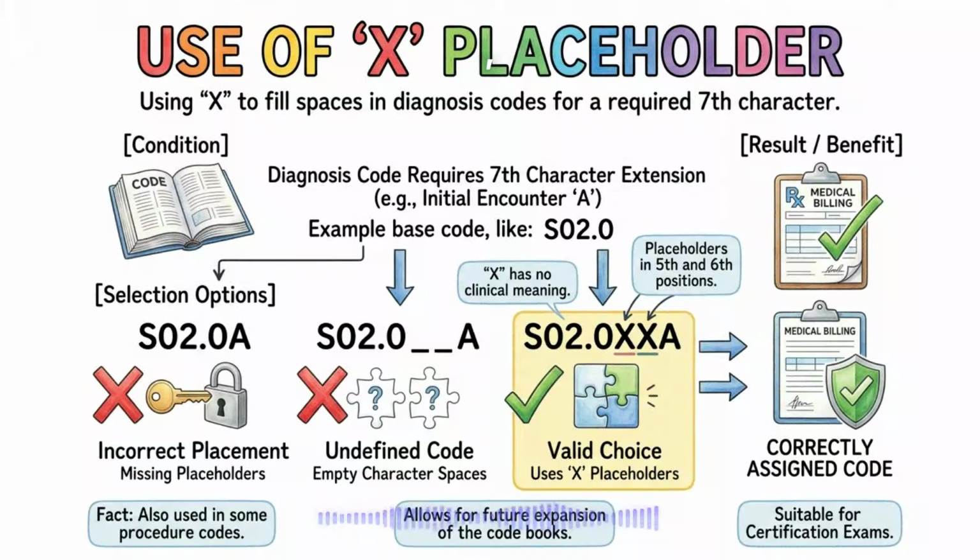For example, if a code requires a seventh character to indicate an initial encounter, but the base code is only 4 characters long, you will use 2 X placeholders in the 5th and 6th spots. The letter X acts simply as a placeholder and has no clinical meaning itself.